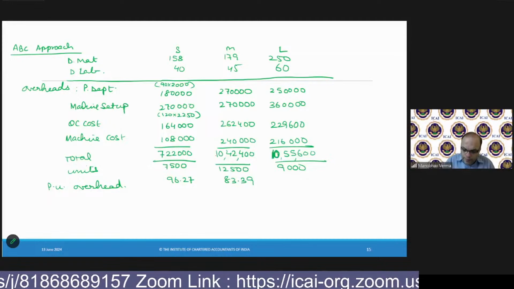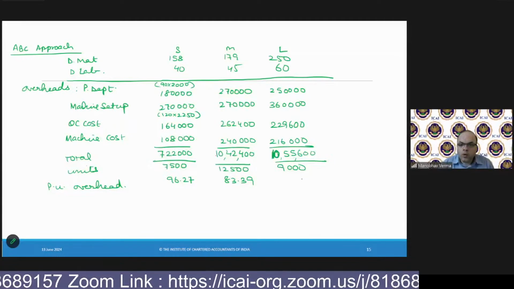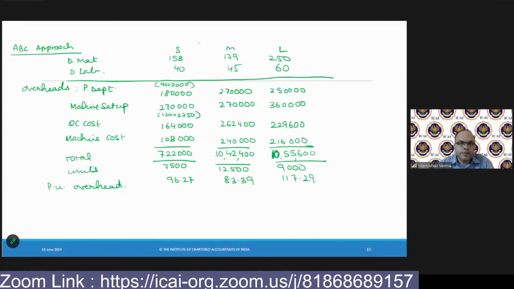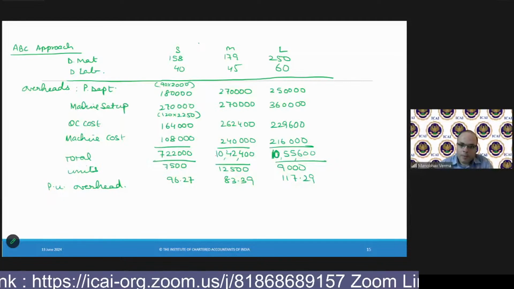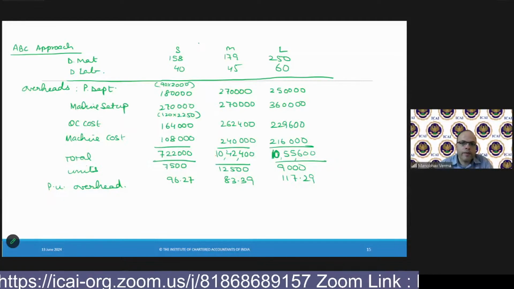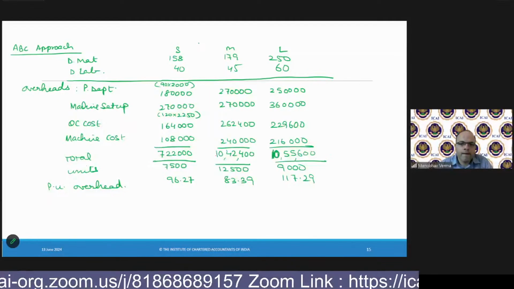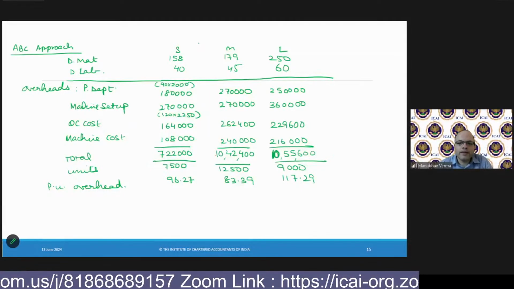And for N, we are getting 117.29, guys. It'd be great if you guys can double check this. So 96, 83, and 117.